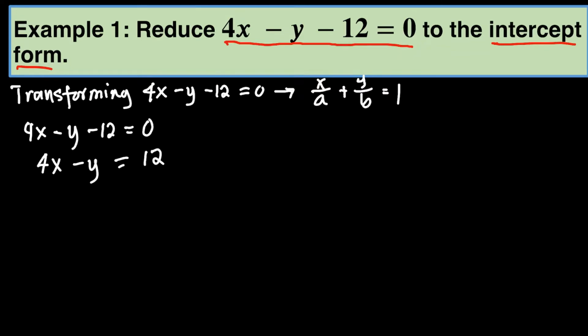The next thing that we need to do here is to divide both sides by 12 to obtain 1. So we have 4x minus y divided by 12, and so this will also be divided by 12.